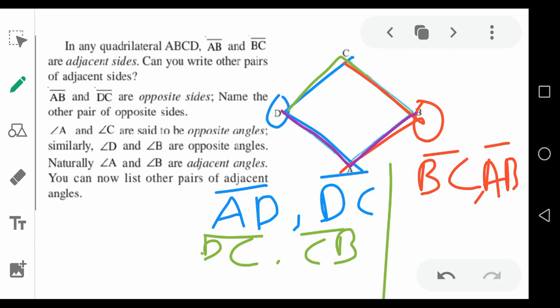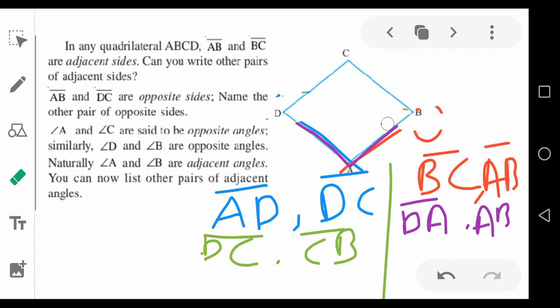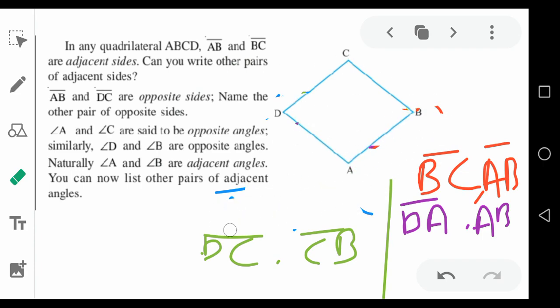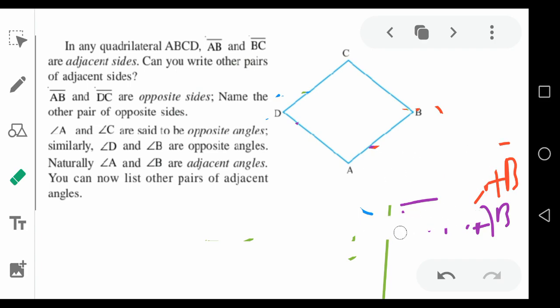DA and AB. Okay, this is how we have to write the adjacent sides. Adjacent sides means they should have one common point. Okay, one vertex will be common for both sides. So such are called adjacent sides.